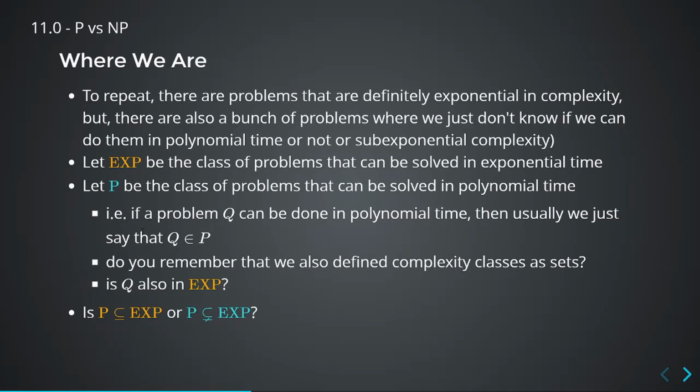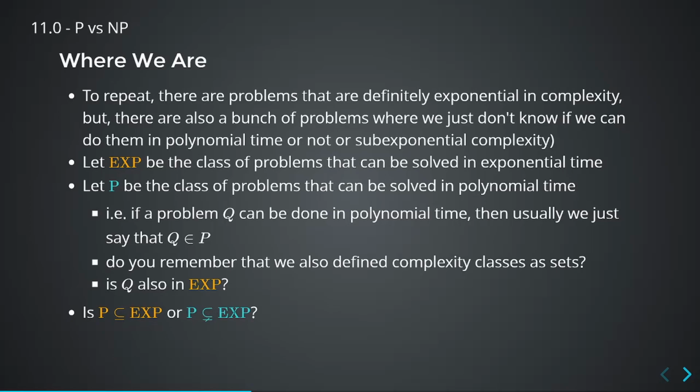If Q is in P, then Q is also in EXP, because if you can solve something in polynomial time, then you can also solve it in exponential time. So, in fact, when you think about it, P is a subset of EXP. As in, every problem that you can do in polynomial time, you can also do in exponential time. So that's the notation you have here. P is a subset of EXP.